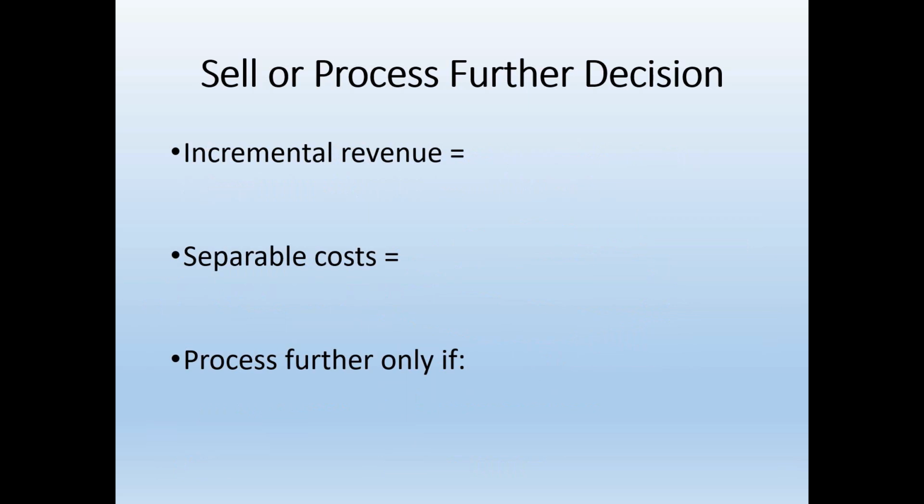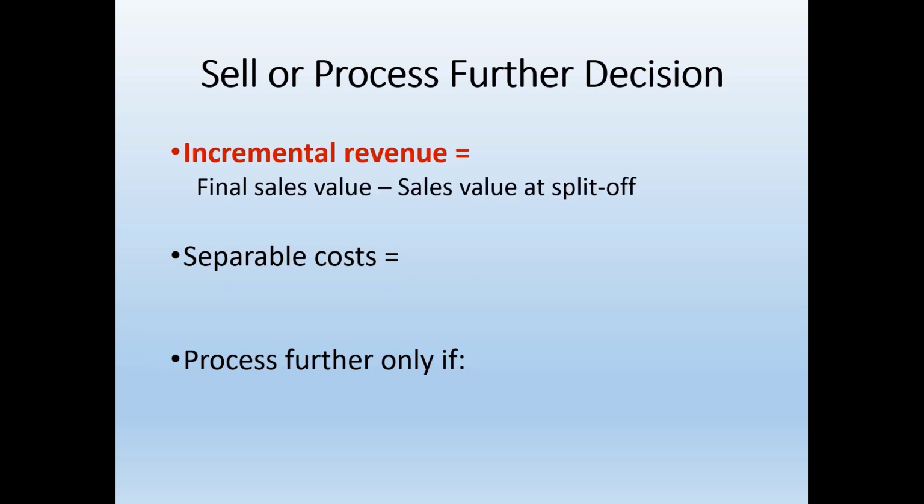So when a firm is trying to make the decision whether to sell a product at the split-off point or process it further, the incremental revenues are the difference between the sales value of the end product, apple pies or applesauce, minus the sales value at the split-off point, that is, the sales value of apples.